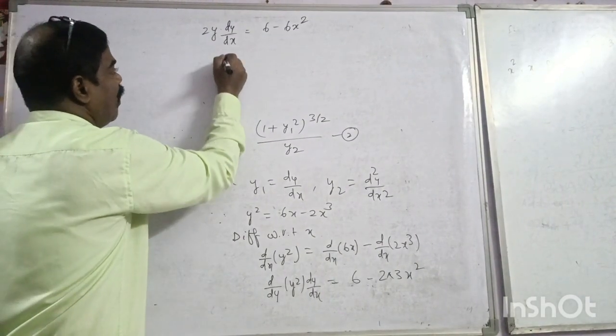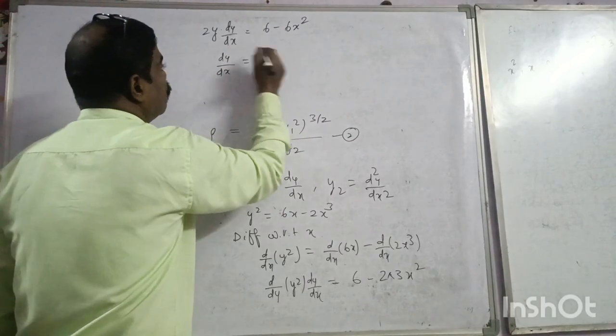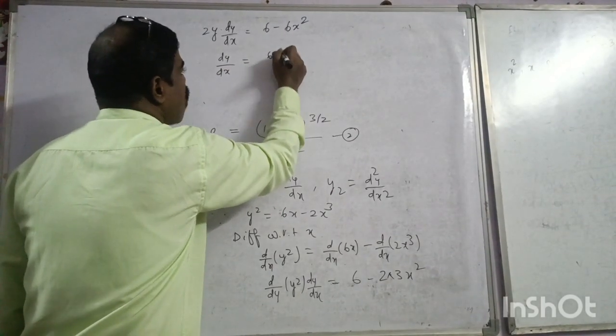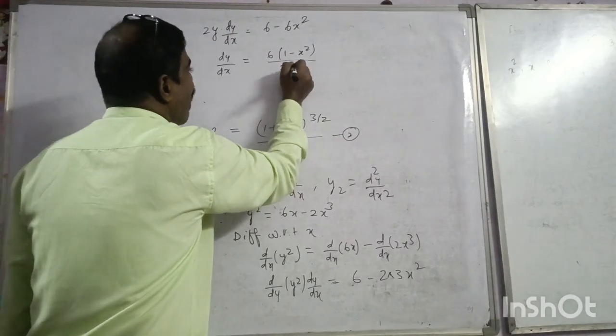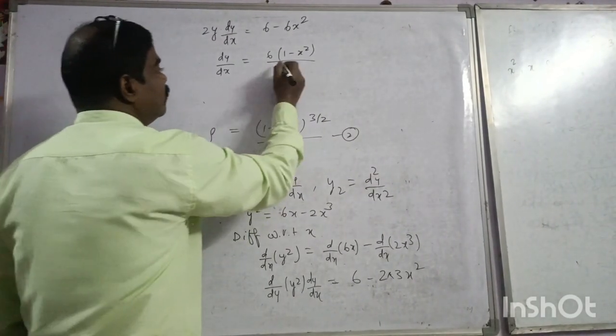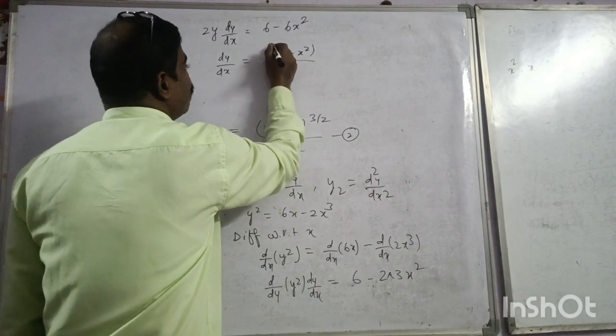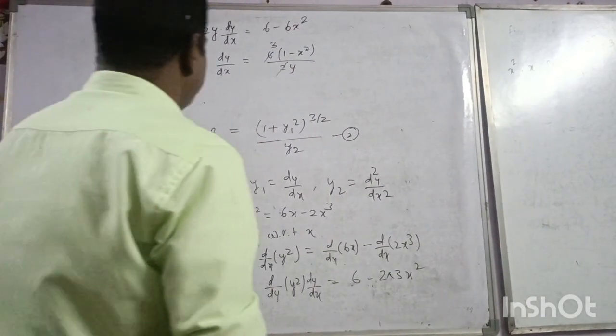This is nothing but dy by dx is equal to 6 minus, take 6 common, 6 times 1 minus x square by 2y. 2 3 जा. Understood or not?